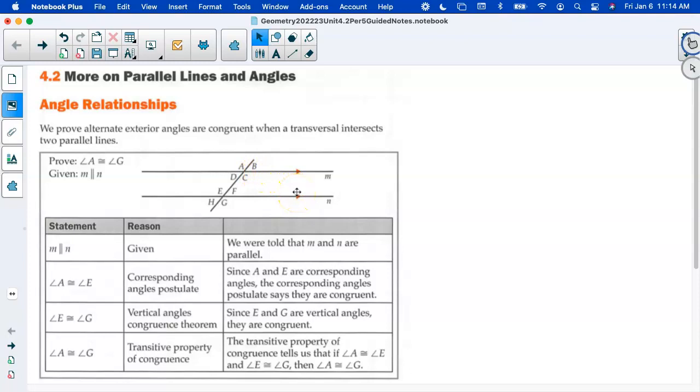So you can use this to walk things down, is what I call it, and show that alternate interior angles are equal. Also, if they give you one angle of this diagram, you have everything else. If you have one angle of a set of parallel lines cut by a transversal, you have everything else.